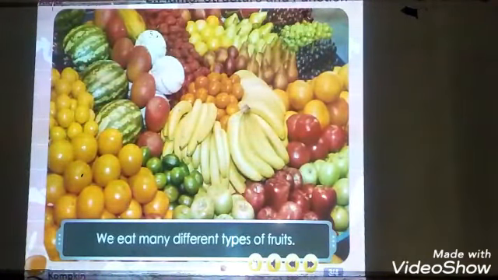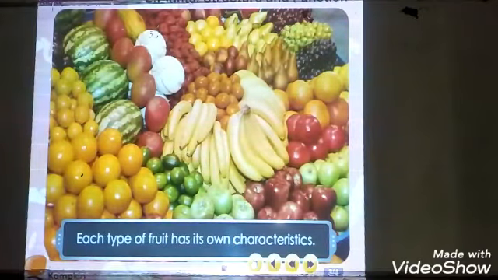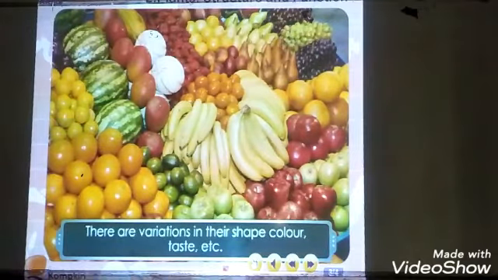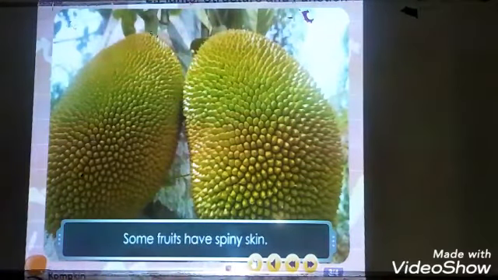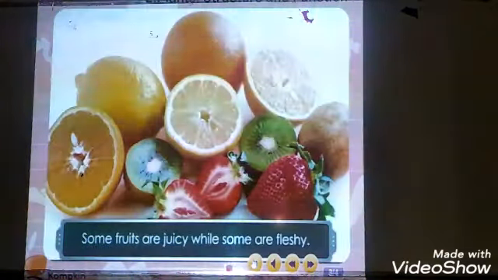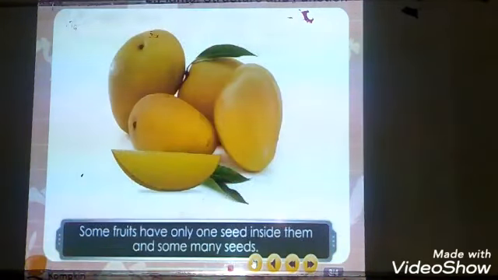Fruit. We eat many different types of fruit. Each type of fruit has its own characteristics. There are variations in their shape, color, taste, etc. Some fruits have spiny skin. Some fruits are juicy while some are fleshy.